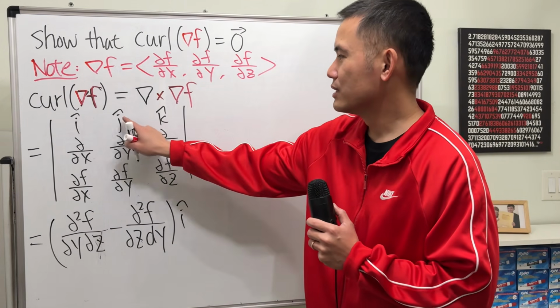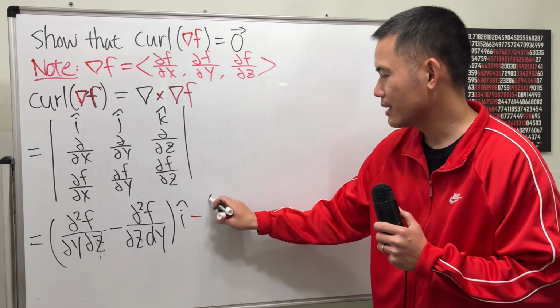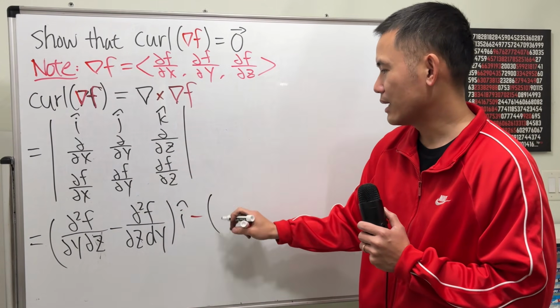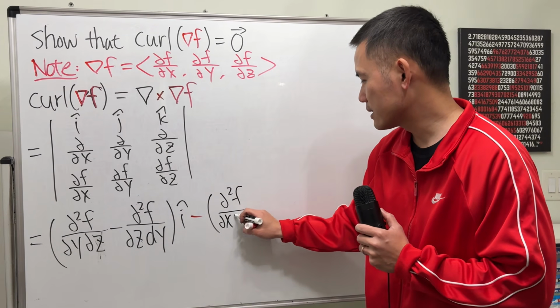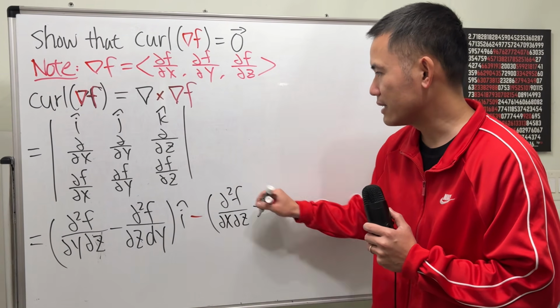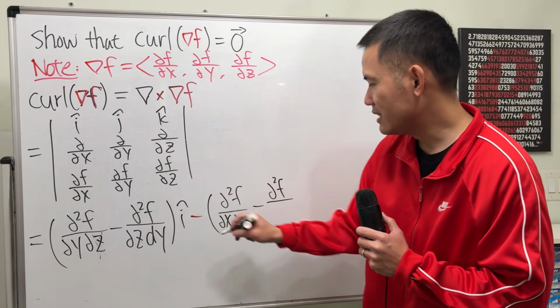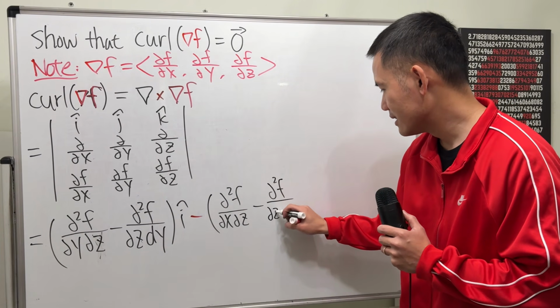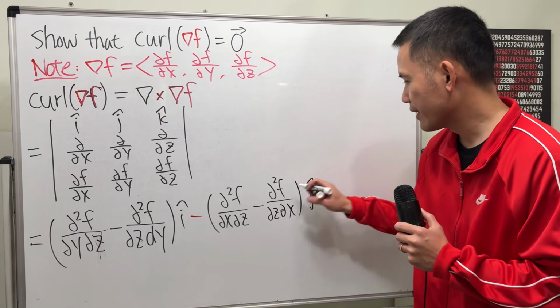Next, we expand this, right? So this right here is the negative, keep that in mind. And then we do this times that, which is the second partial of f with respect to x and z like this, minus this times that, so the second partial of f with respect to z and x. And that's the j component.